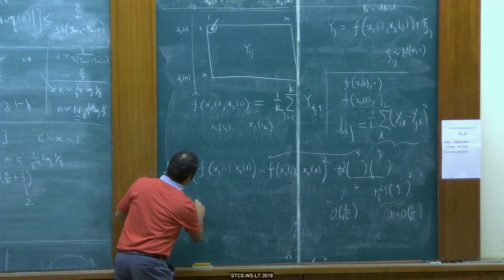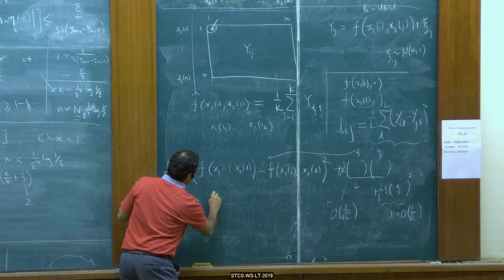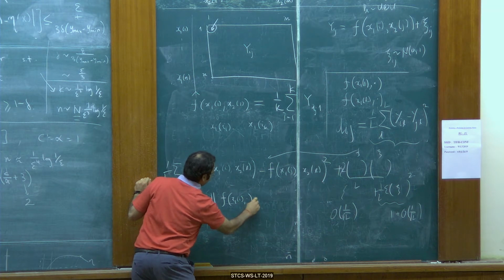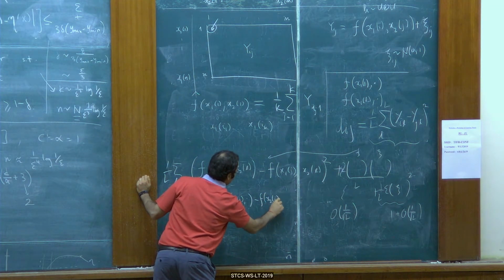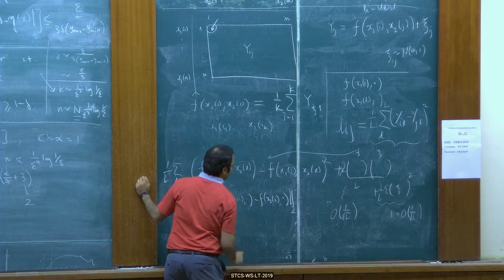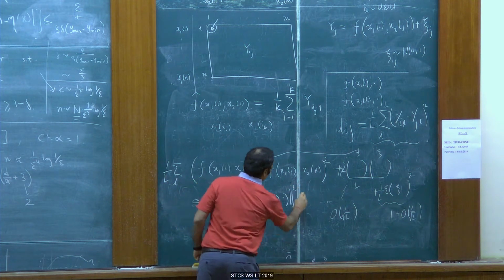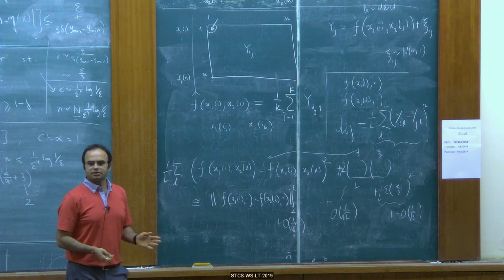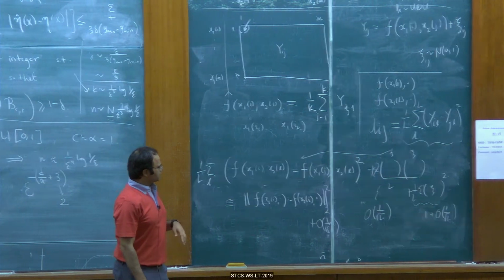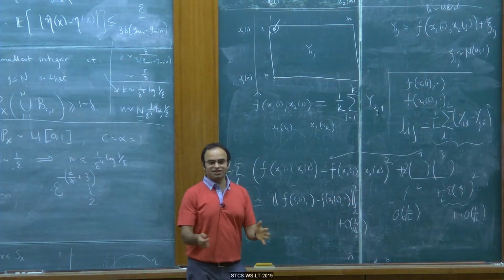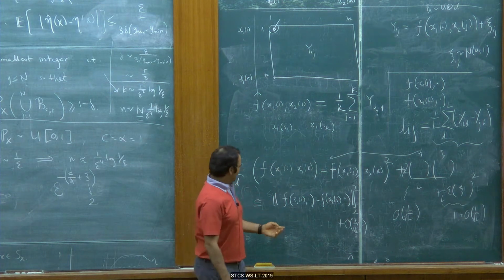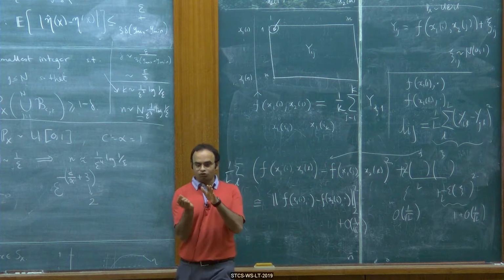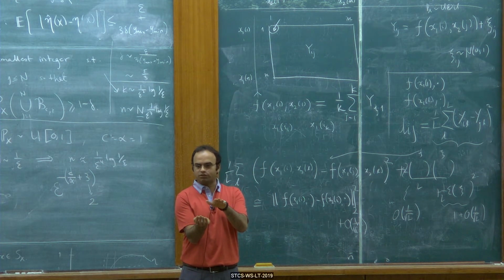So this will be effectively f(x1i, dot) minus f(x1j, dot) in L2, squared, plus an order 1 over square root of L term. Exactly the same reason. Forget the order 1 over square root of L terms. One is a constant, so the distances are just shifted. Forget about that. All that means is that this proxy distance captures the distance between these two functions with respect to L2.